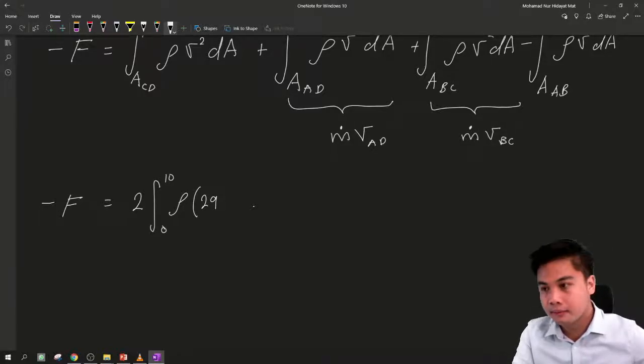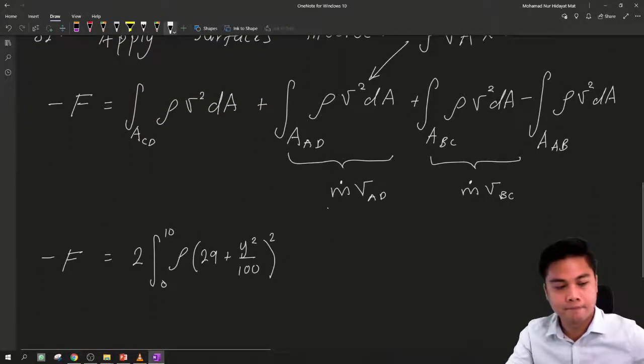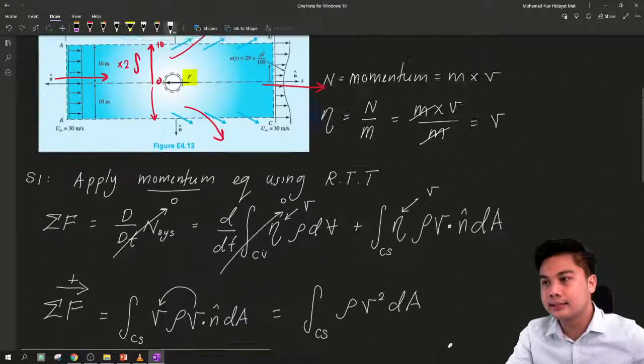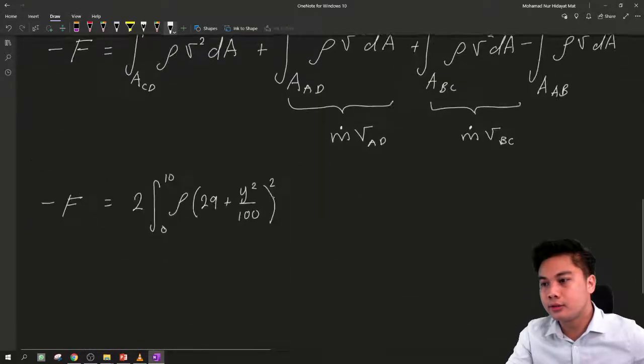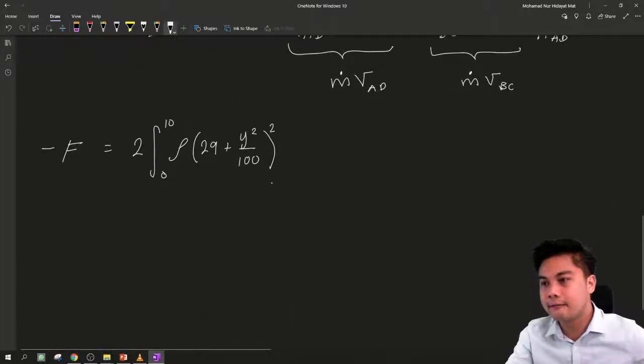29 plus y squared over 100 bracket squared, because this is v squared. And here is a function of y. This is definitely in terms of y, and this is replaced with dy. This dy is the length.